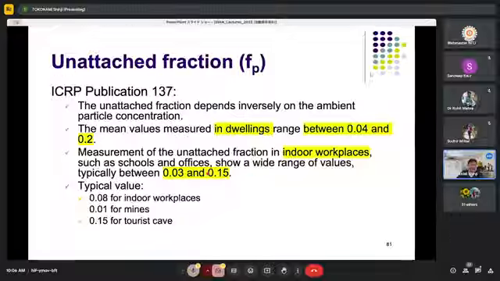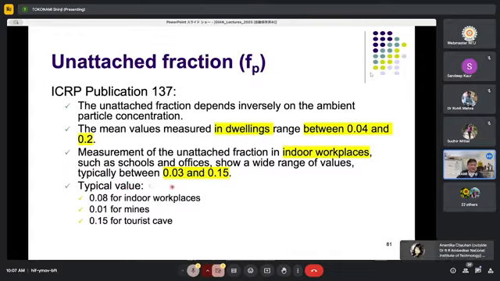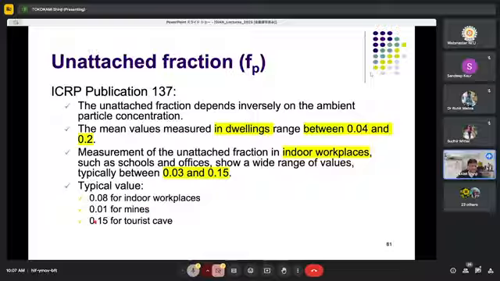So I would say the typical unattached fraction value is 0.08 for indoor workplaces, 0.01 for mines, and 0.15 for tourist caves.